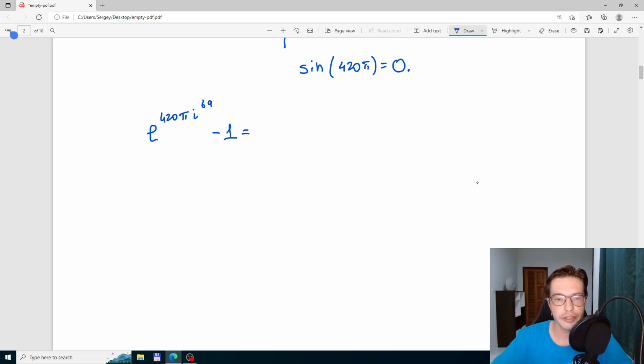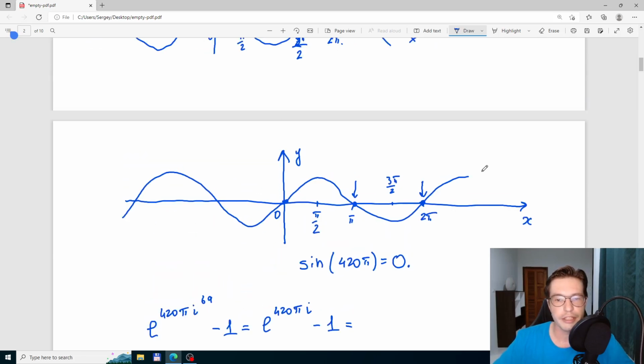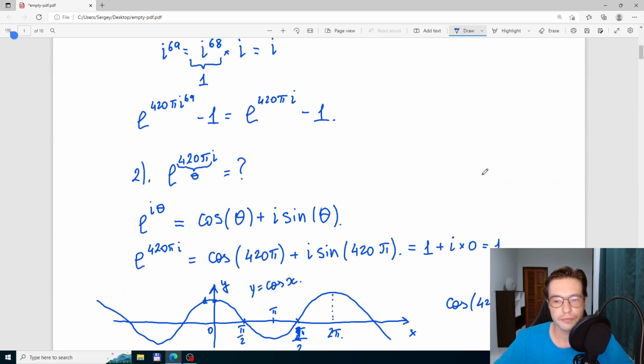And we've shown that this equals e to the power of 420 pi I minus 1. And at step 2, we have shown that e to the power of 420 pi I equals 1.